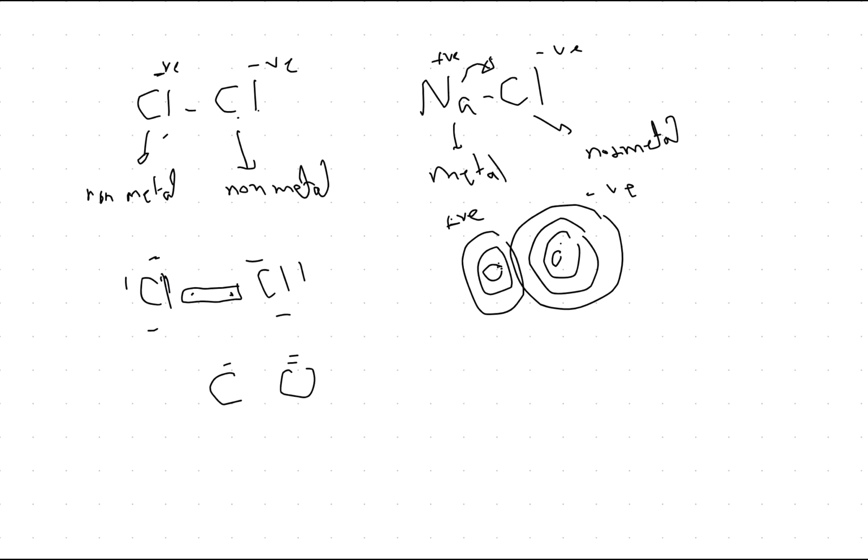Let me open another page. I will take hydrogen and hydrogen, and we'll see if it is polar or non-polar by example. Okay, I have here hydrogen, and this is the other hydrogen gas. And I have another compound, which is HF.